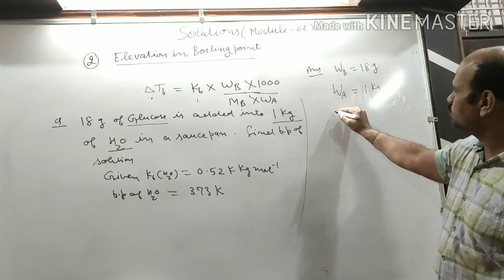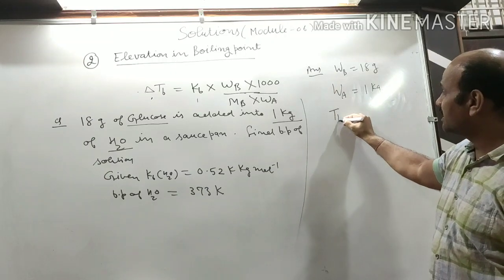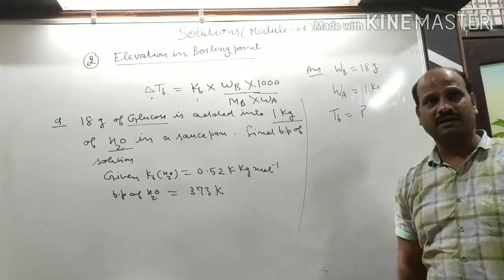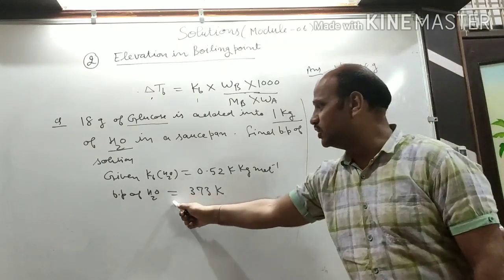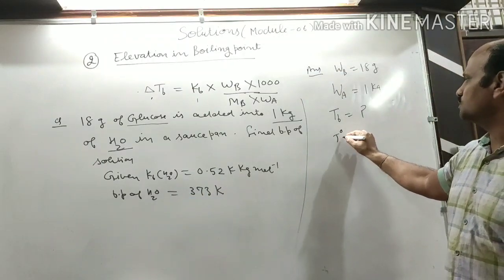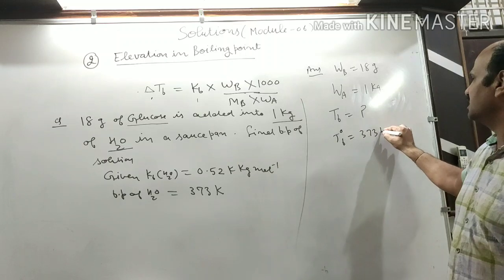Boiling point of solution means you have to calculate TB. And this T naught B is given to you, 373 Kelvin.